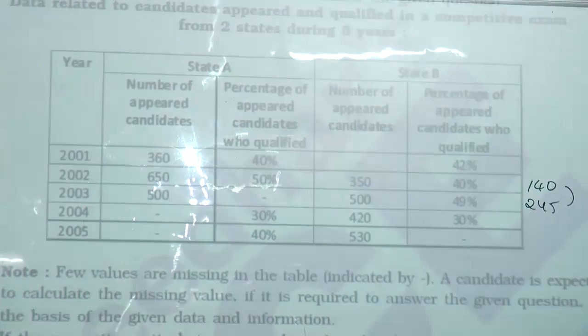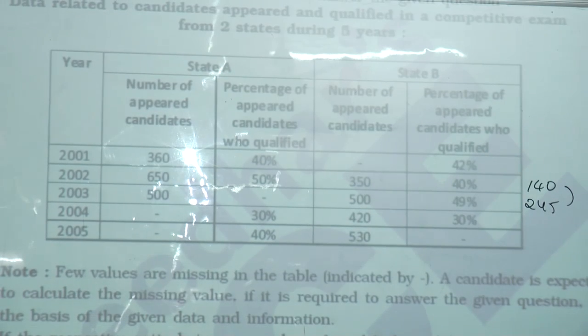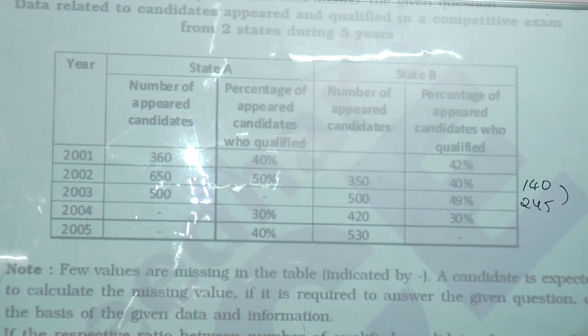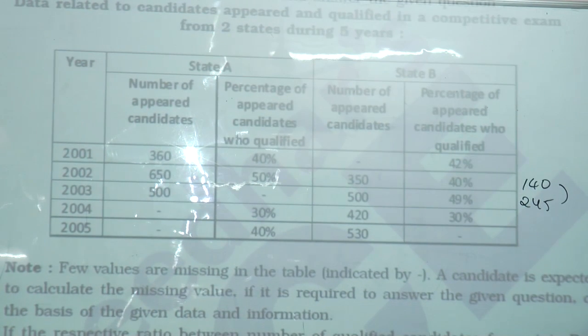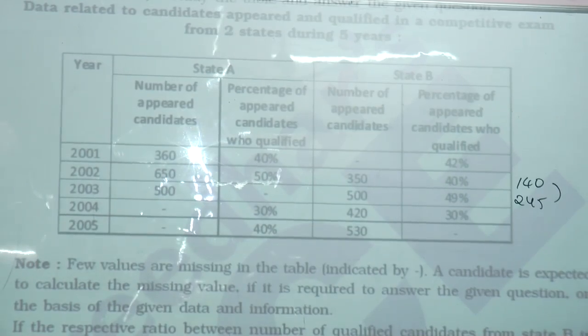Next 58th. Number of appeared candidates from state A increased by 100% from 2004 to 2005. If the total number of qualified candidates from state A in 2004 and 2005 together is 440, what is the total number of appeared candidates from state A in 2001? I think that should be 2004. Right?